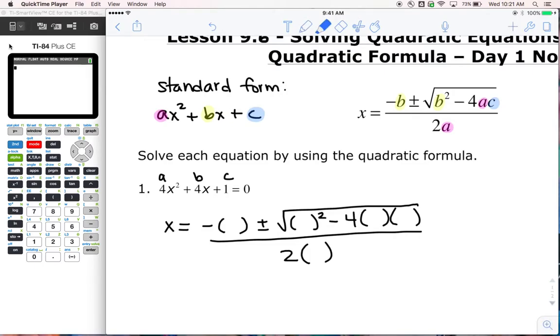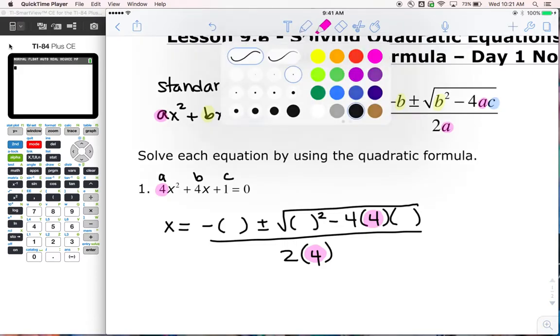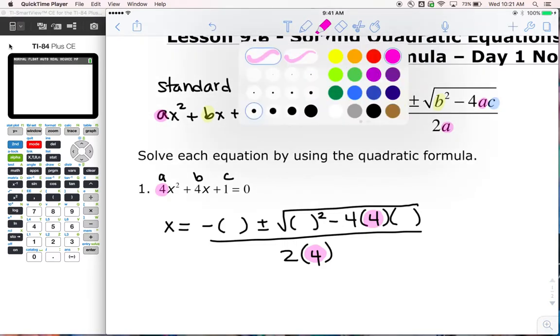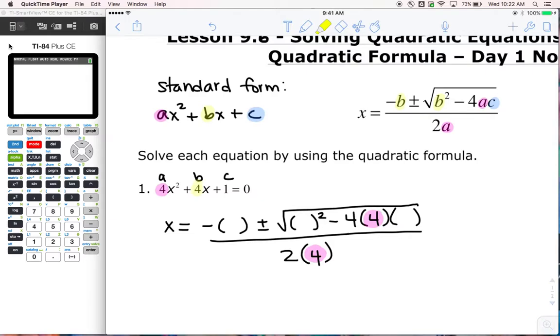So let's color code this again. I think it helps if I can do it right and do it quickly. All right, so a is 4. And a goes in this spot and it also goes in this spot. Okay, so again, I'm just looking at my formula to figure that out. So if a is 4, I'm putting it here and I'm putting it here. The next one that we're going to do is b, and it looks like I have 4 for b again.